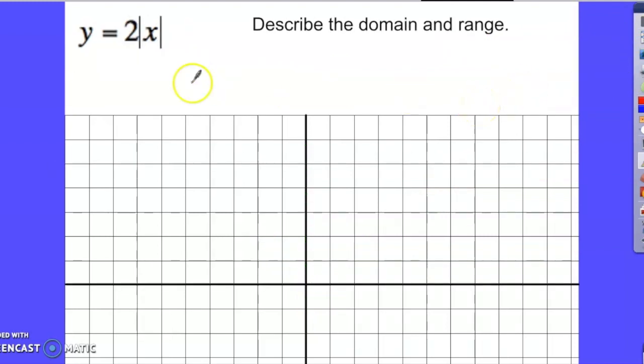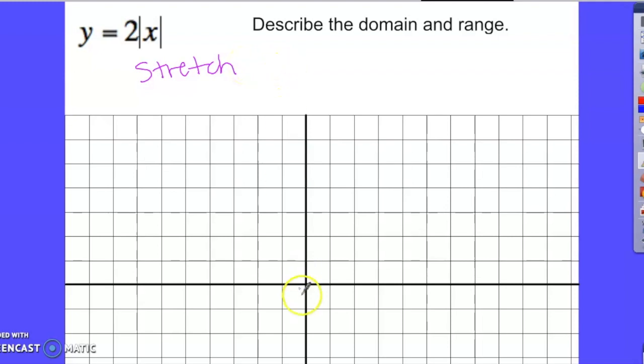Here we have one that has a number in front. It has an a value of something besides 1 this time. So let's do our transformations. So this graph isn't going to get moved left or right, and it's not going to be moved up or down because there's nothing in with the x and nothing after it. So we're just going to have a stretch.